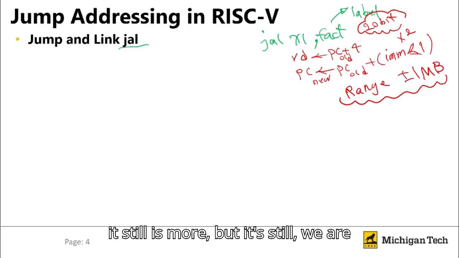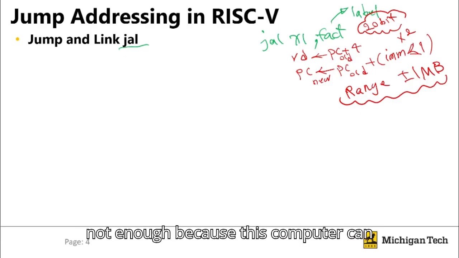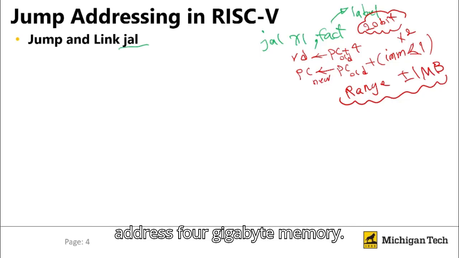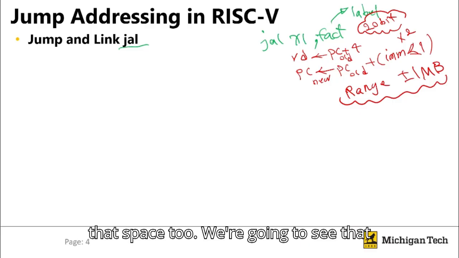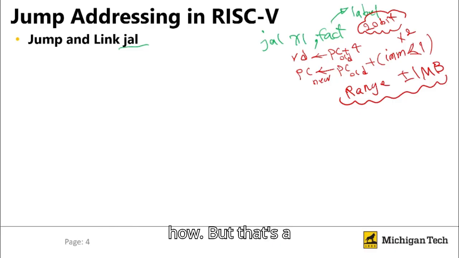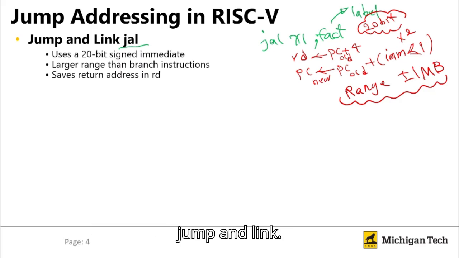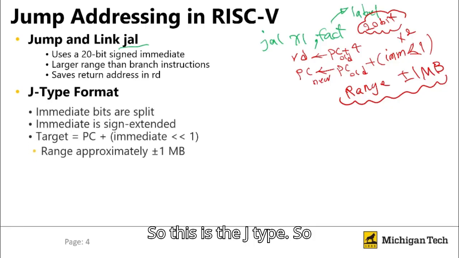It is more, but still not enough, because this computer can address 4 gigabytes of memory. So we need to address the data space too. We're going to see how. So that's jump and link. This is the J type.